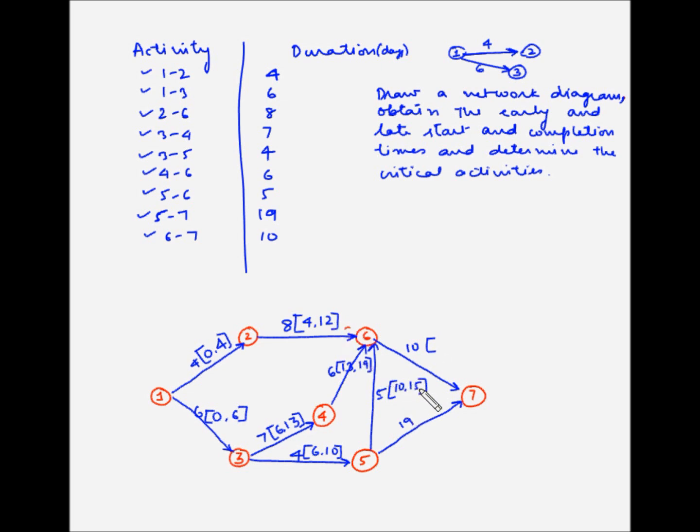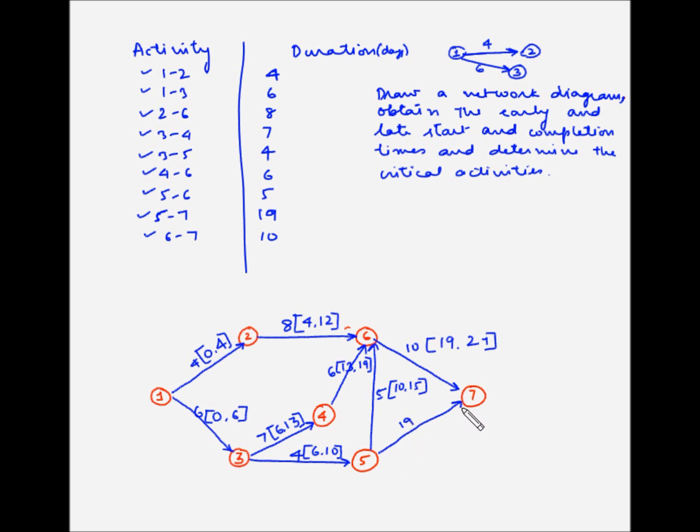So 12, 19 and 15. So activity 4-6 finishes on the 19th day, which is the latest amongst the 3 activities. So activity 6-7 can only start after 4-6 has been completed, which is on the 19th day. So the early start time is 19 and activity 6-7 takes 10 days to complete. So 19 plus 10 is 29.